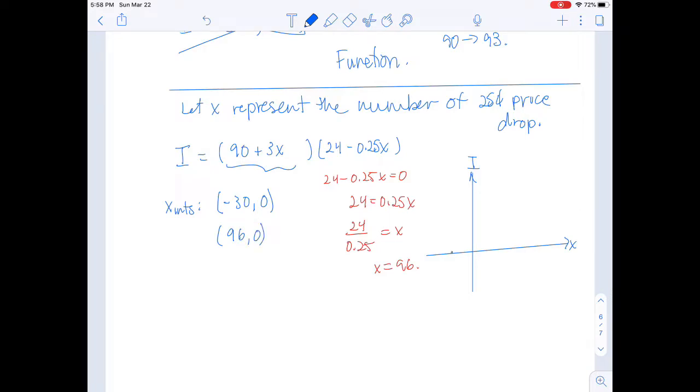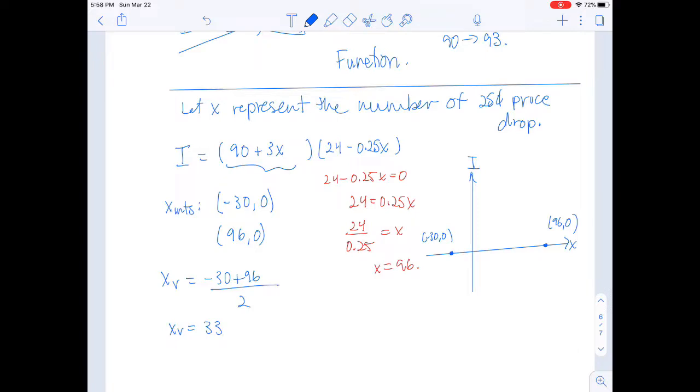So if I wanted to just quickly jot this down, roughly, I can see that my optimal number of price decreases is going to fall somewhere between there, and as we know, the exact point is the midpoint. Okay, so xv equals 33.